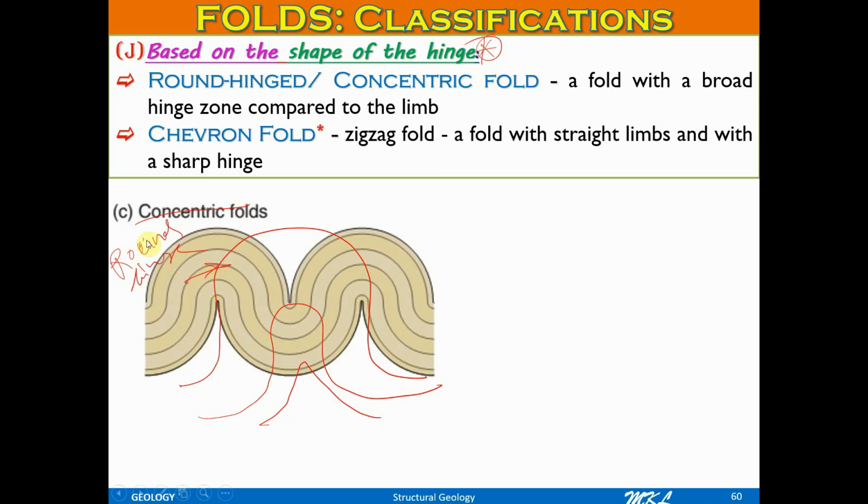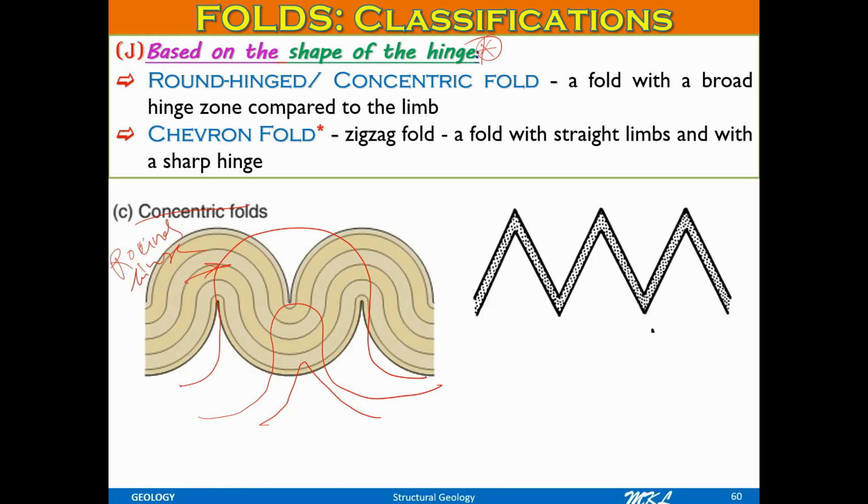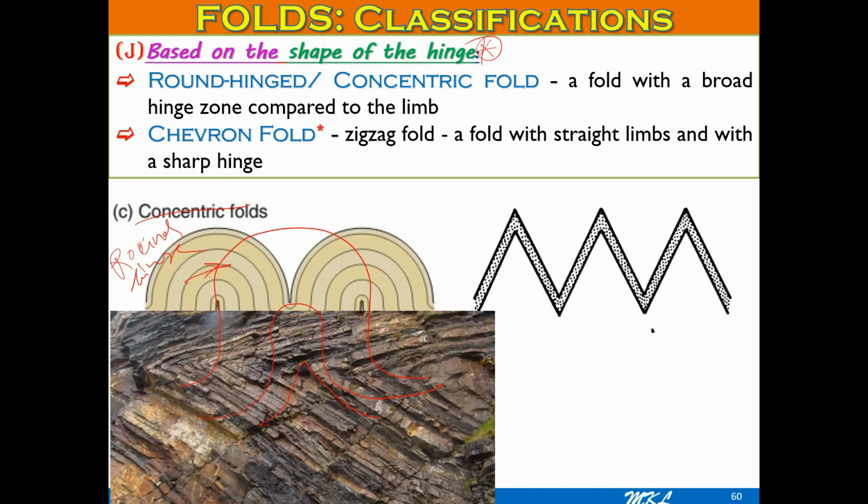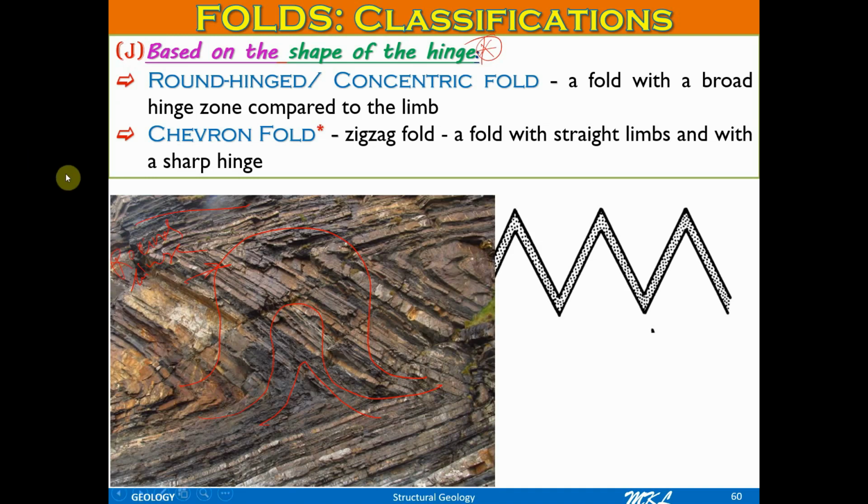Another special type of fold also exists, that's called the zigzag fold. So it's a fold with straight limbs and with sharp hinges like this, like in a zigzag style. And there is a photograph. Here you can see the zigzag pattern is always visible. Several strata are there.